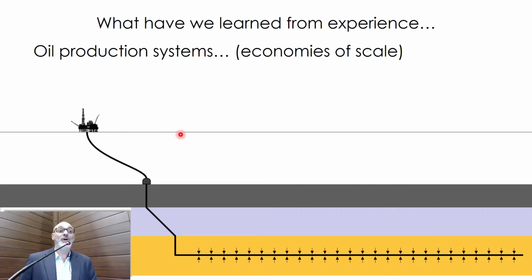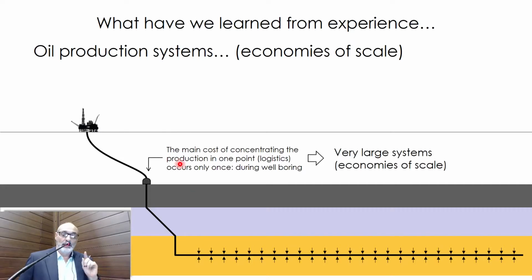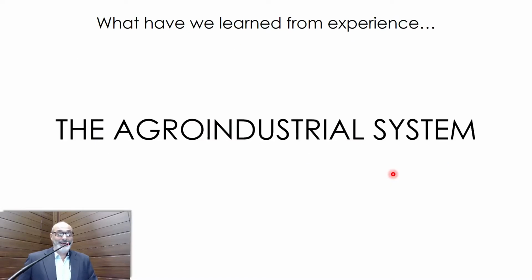But what I want to highlight is that the main cost of concentrating the production in one point, that's a logistic problem, occurs only once, during well boring. And why is that important? Because it enables economies of scale. You can scale up, become bigger and bigger, and you become more competitive.